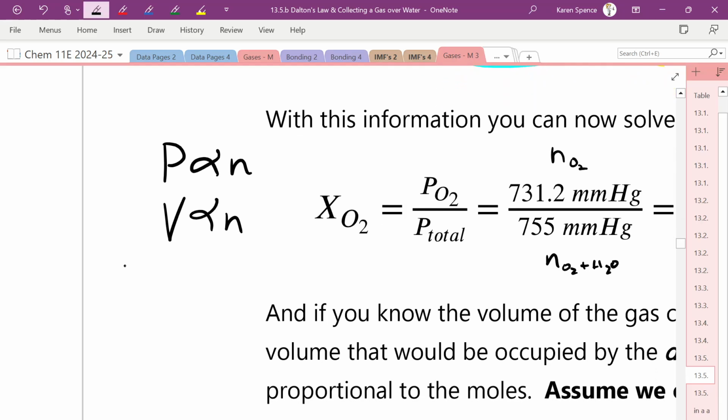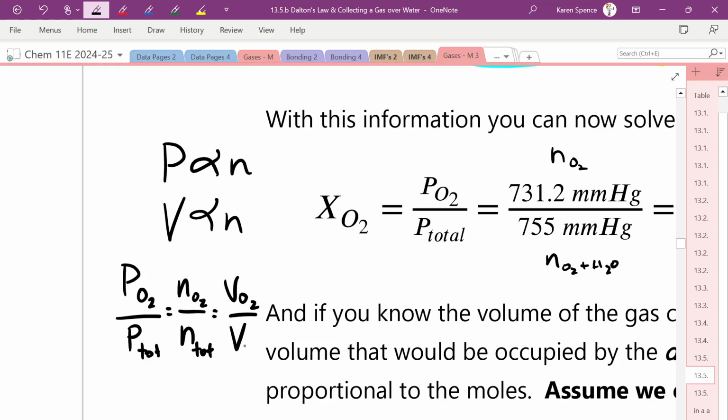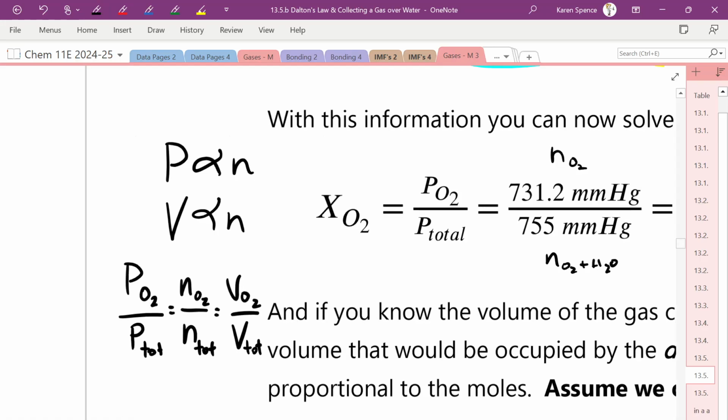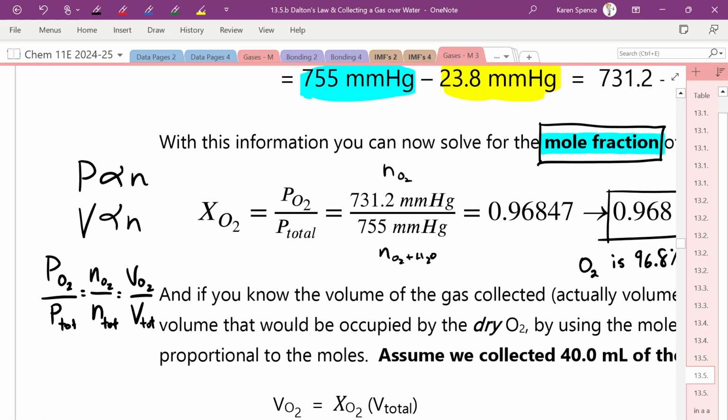So PO2 over P total equals NO2 over N total, which is equal to the volume of O2 over the volume total. At that point, we have our ratio of 0.968, which is 96.8%.